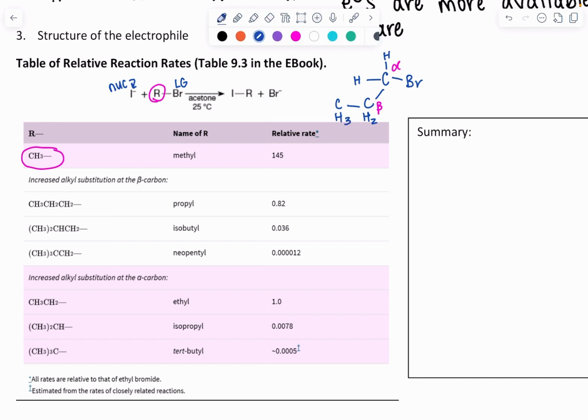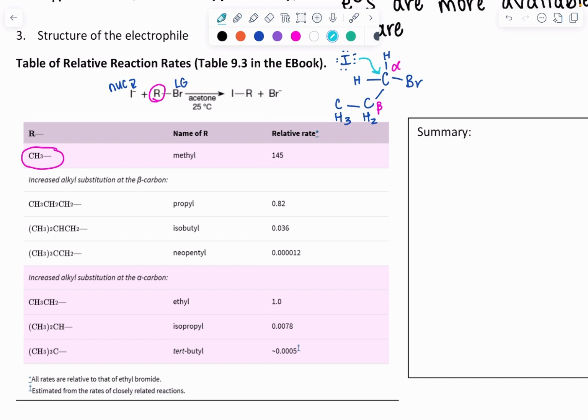That decreases the reaction rate quite a bit. We've got this 0.82 as compared to the 1.45 just by adding a beta carbon and one more bonded to it. The addition of this group here, the CH3 and the CH2, really both of these compared to the methyl, hinders the ability of the nucleophile, so that was I- in this case, but you could apply it to other nucleophiles, to be able to come in and create a bond.